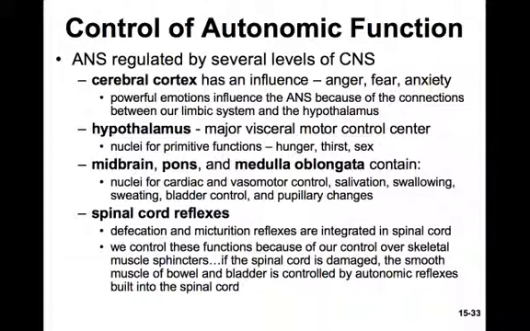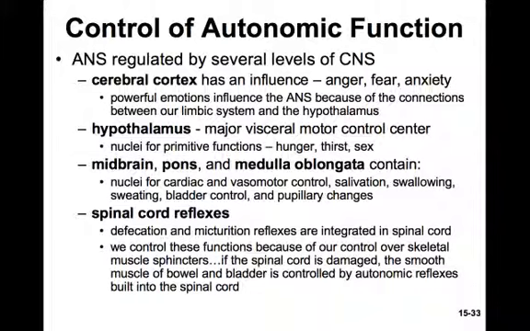Artificial stimulation of different regions of the hypothalamus can activate a fight-or-flight response, or activation of other centers could have a calming effect that's typical of the parasympathetic. The midbrain, pons, and medulla oblongata contain many of the nuclei for cardiac and vasomotor control, as well as salivation, swallowing, sweating, bladder control, and pupillary changes.